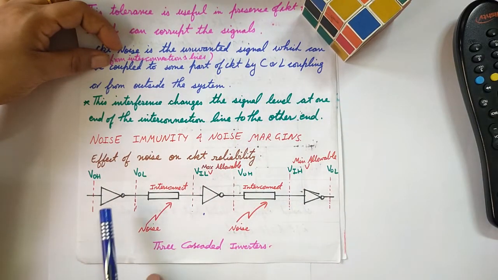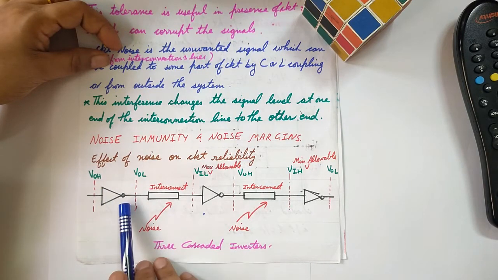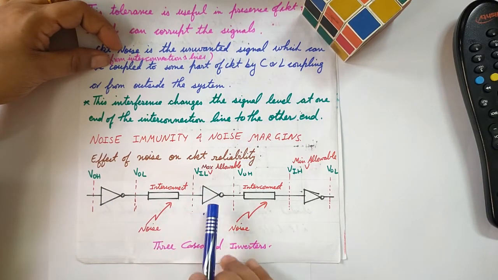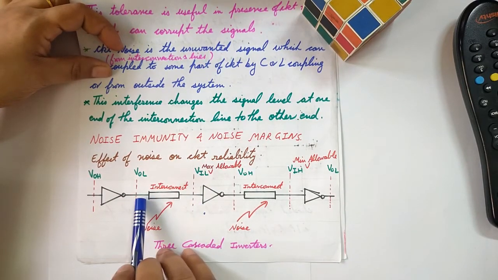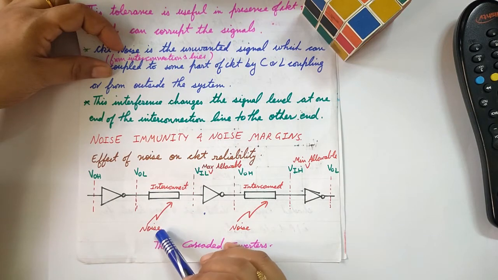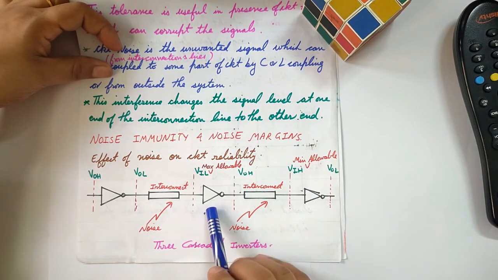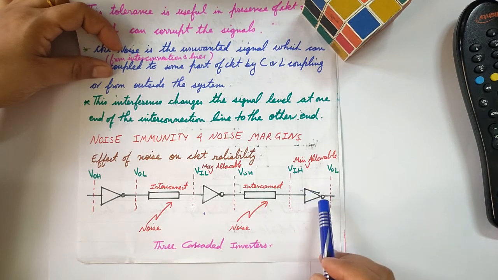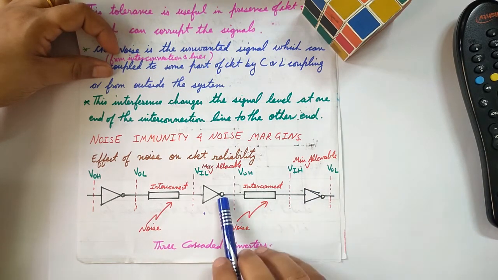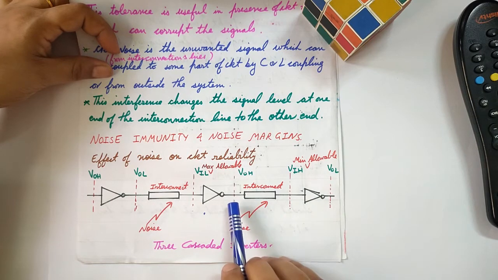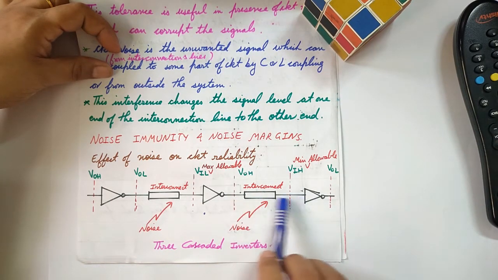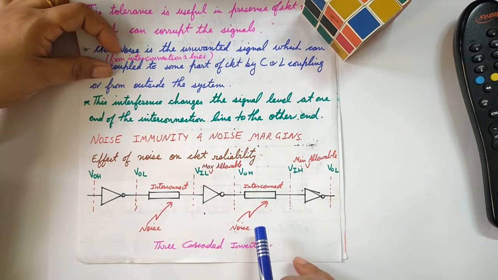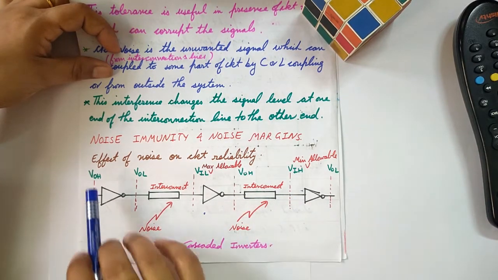So here we have taken the output of the first inverter and fed it to the input of the second inverter by means of an interconnection line, and these interconnection lines, I just told you, are prone to noise, either circuit noise or noise from the external environment. Now the output from the second inverter is fed to the input of the third inverter, and these are also interconnected. Output from the second is given to the third input by means of this interconnect, and it is also prone to this noise.